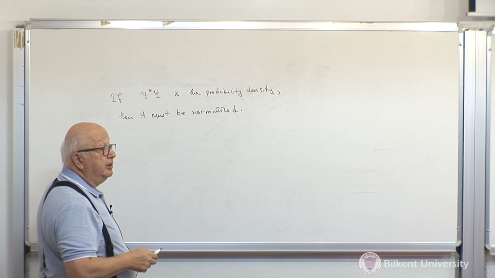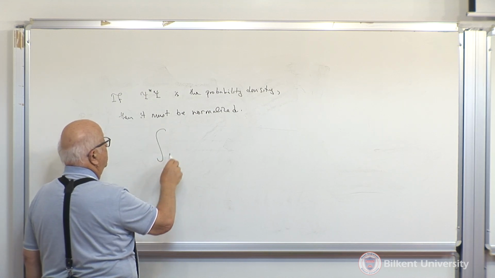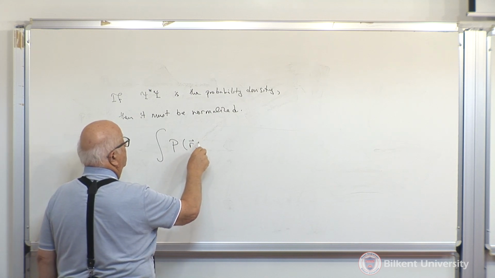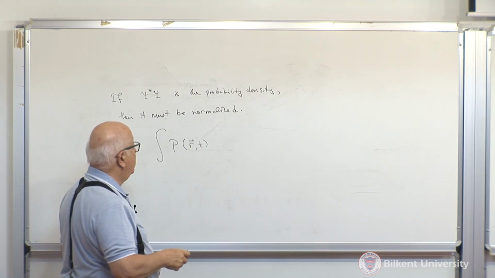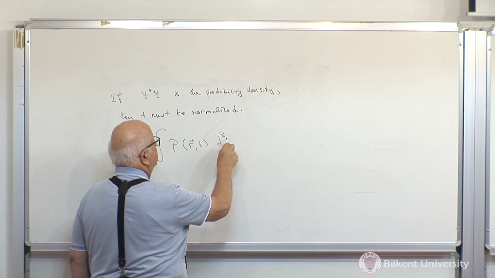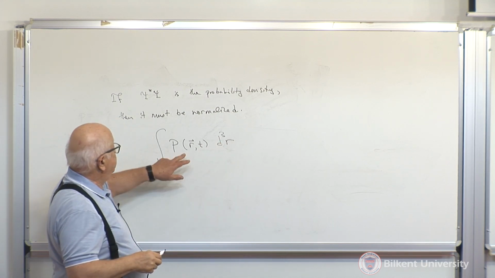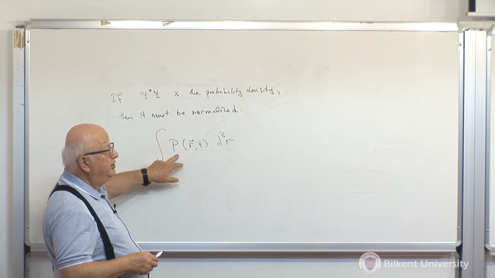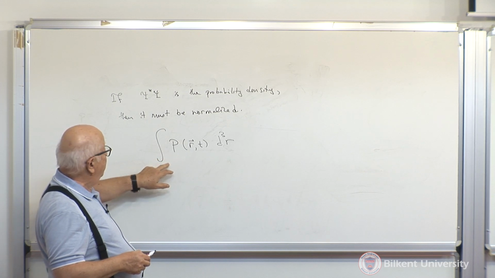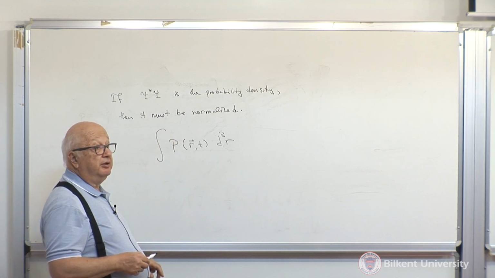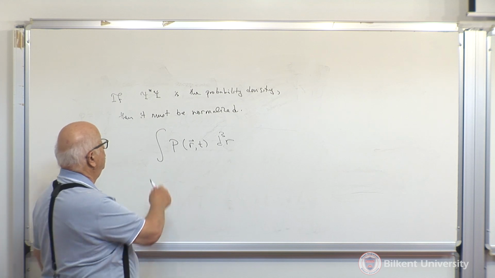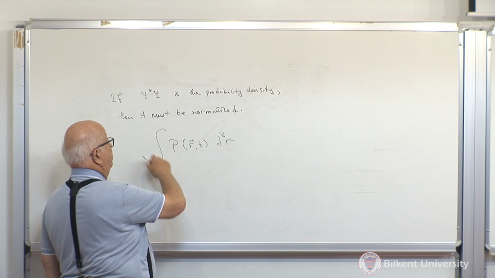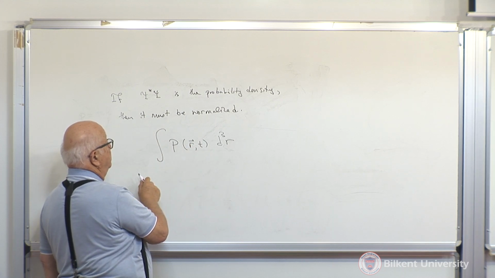Okay, what does that mean? If I have this P of r and t, d-cubed r, what is this? This is the probability that the particle is somewhere inside the volume, which is defined by this integration.